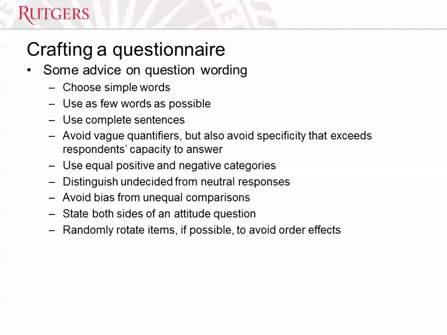So these sorts of rules, I should also point out, are often internalized by good survey researchers from many years of working on surveys, but the attempt here is to try to articulate them for people who are new to the task of survey questionnaire construction. So it has to do with things like using simple words or using equal positive and negative categories and avoiding overly technical language, that sort of thing.